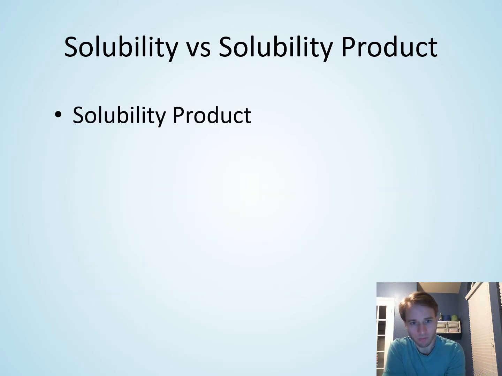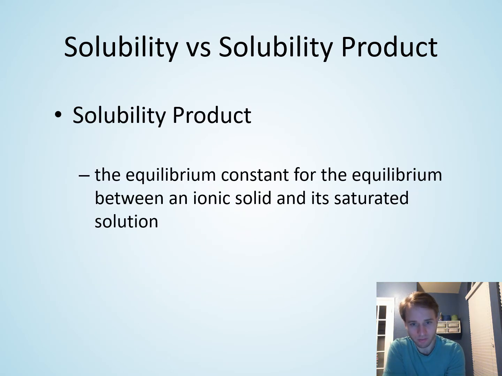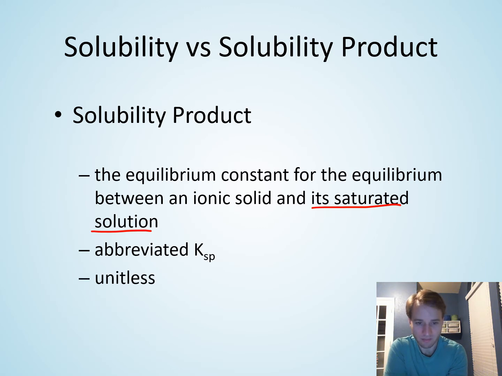The solubility product refers to an equilibrium constant for an equilibrium reaction between the solid and the dissolved ions in a saturated solution. It's abbreviated Ksp, and it is a unitless quantity.